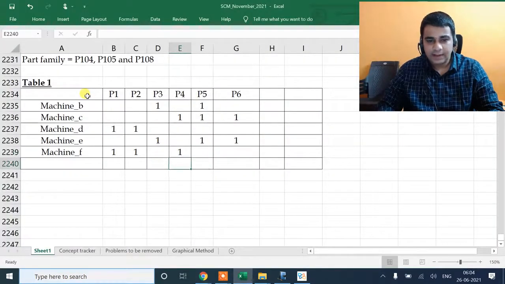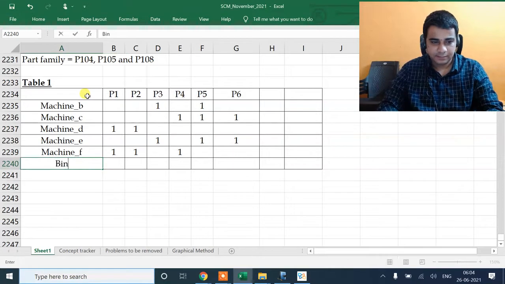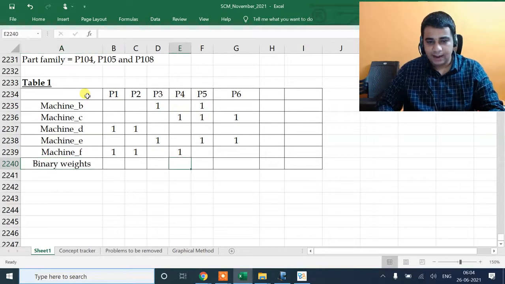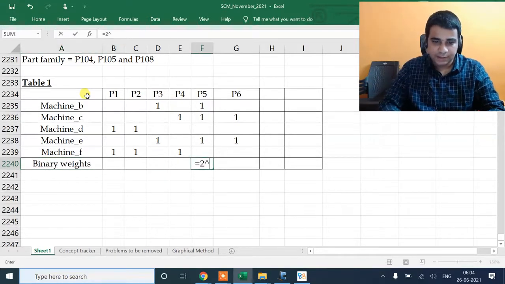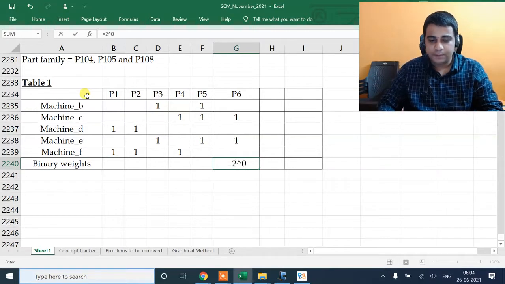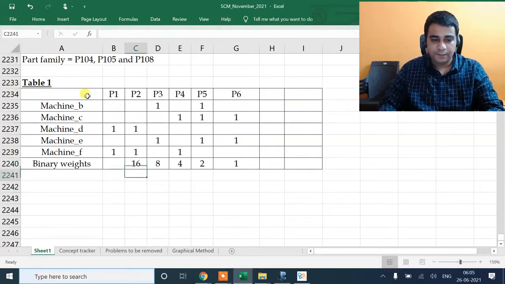I'll assign weights. You can assign weights to columns, you can assign weights to rows, it doesn't really matter. The last column is 2 power 0, 2 power 1, 2 power 2, 2 power 3, 2 power 4, and 2 power 5.